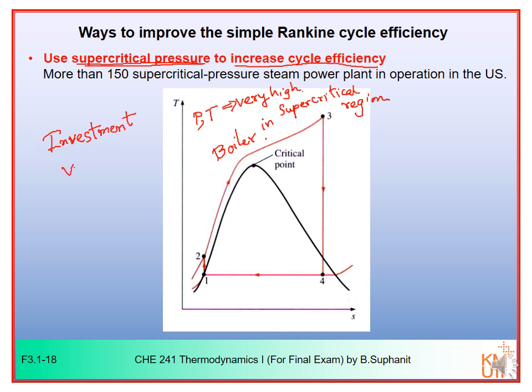The investment would be very high because you have to operate at very high pressure and temperature. The material that you use to construct your boiler would be a very expensive material. It must be a special alloy which can handle high pressure and high temperatures.